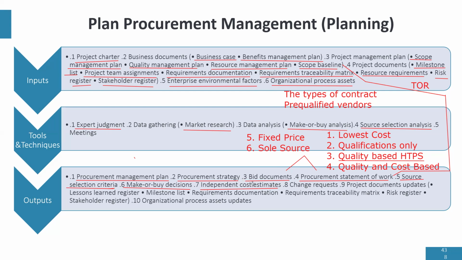Because if the independent cost estimate, without any bias, has said that to do this work, this is the amount, including profit, that is reasonable, and then you're bidding below that, the question is, how are you going to do the work when experts have said you can't do it below this price? So it becomes a benchmark for negotiations and for shortlisting.